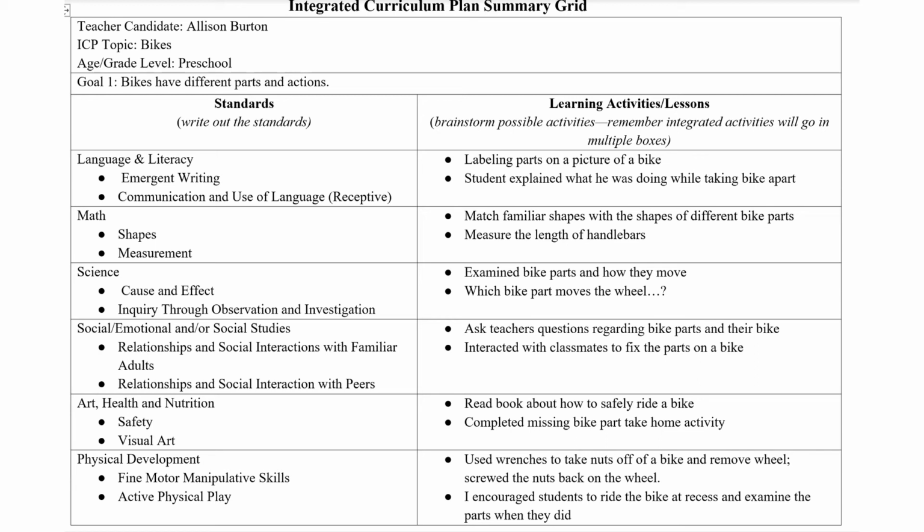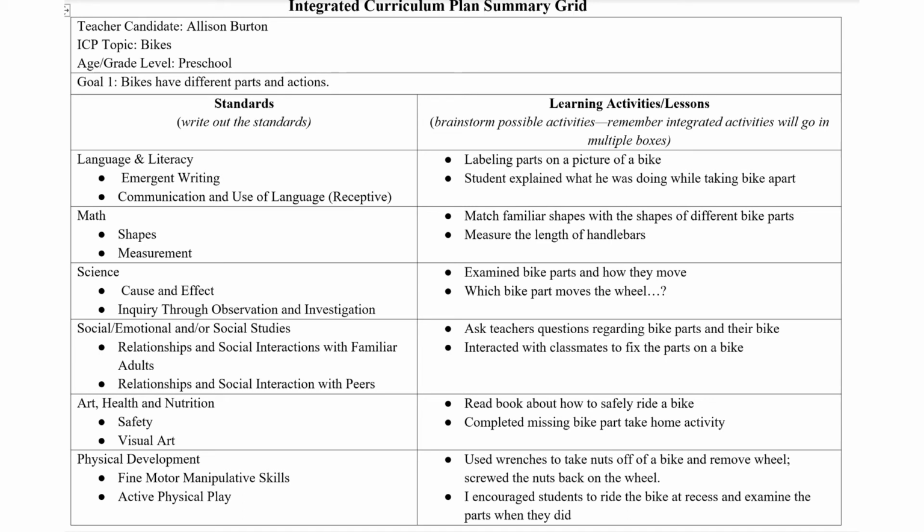If they were discussing these parts of a bike, then that would also go in language and literacy. So this also gives you the opportunity to brainstorm all the possibilities that you would still want to do with teaching and learning around your topic.